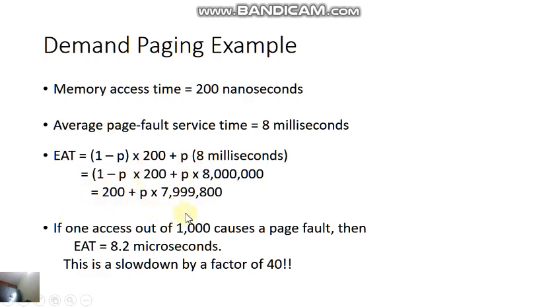This means that if one access out of 1000 causes a page fault, then EAT is equal to 8.2 microseconds. This is a slowdown by a factor of 40. It may not be asked in the exam, but if you are asked to write a short note about demand paging, you can present it in this way.